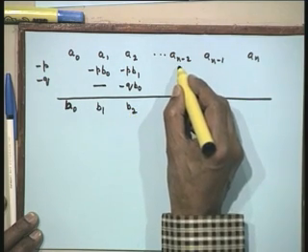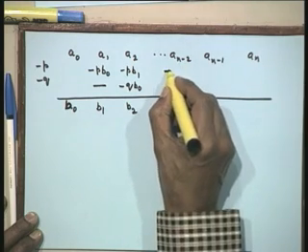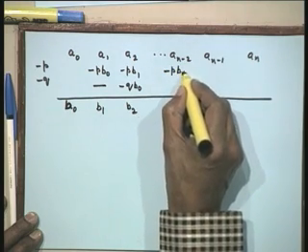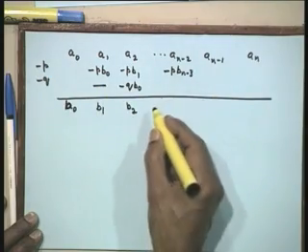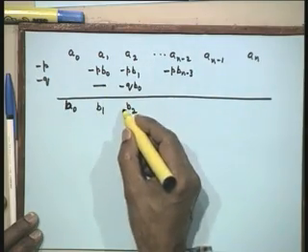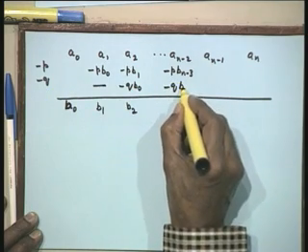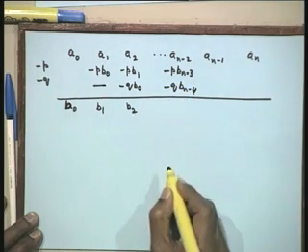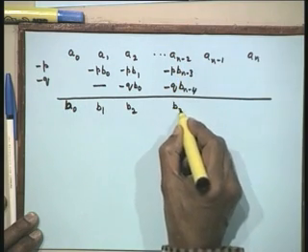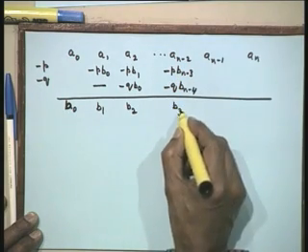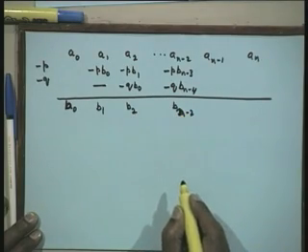When I reach this position, bn minus 3 is available to me. So I will be multiplying bn minus 3 with minus p. The previous value is bn minus 4, that will be multiplied by this, so I will have minus q bn minus 4. Add it, I will get bn minus 2.